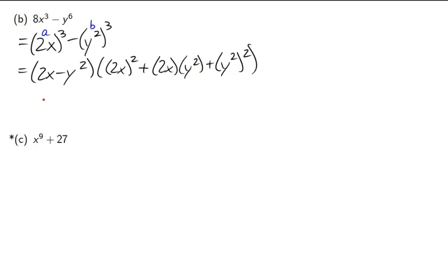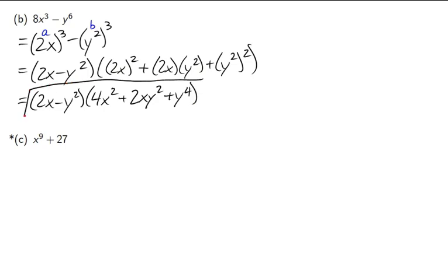So this is my formula. I get 2x minus y squared times 4x squared, squaring each term, plus 2xy squared plus y to the 4th. And that's how I tackle sum and difference of cubes.